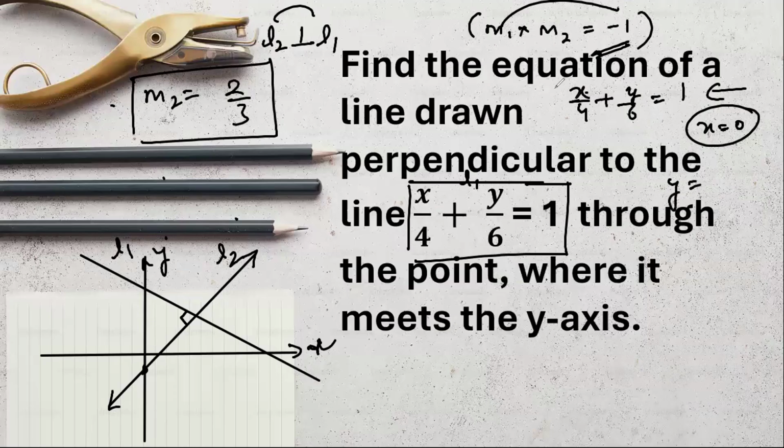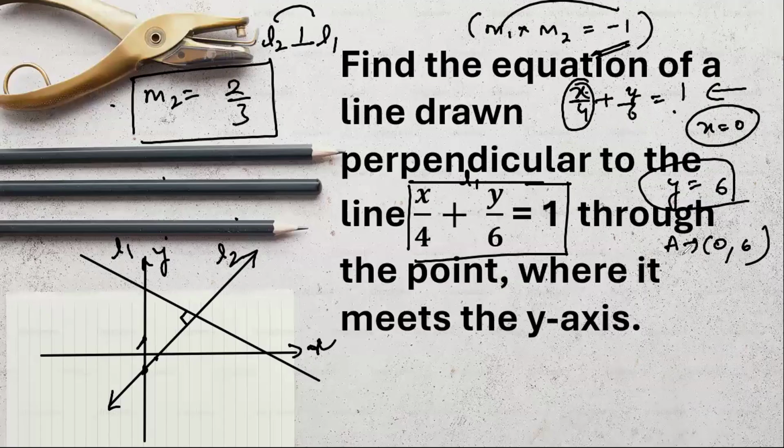Y is coming 6, because the x term completely became 0. So y by 6 is equal to 1, so y is equal to 6. So the point I got is (0, 6). I have not drawn this line correctly, because the point is (0, 6), so it will be a little above. No problem. So we got the point. Here it will cross this point, let's say (0, 6), wherever it lies, right? This is the point, let's say A.